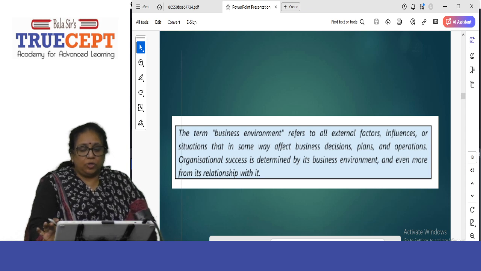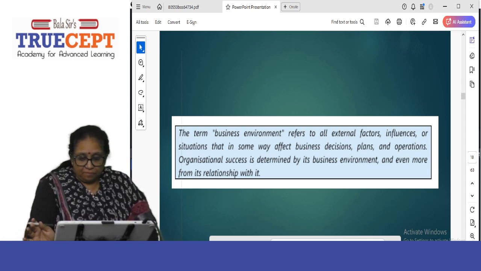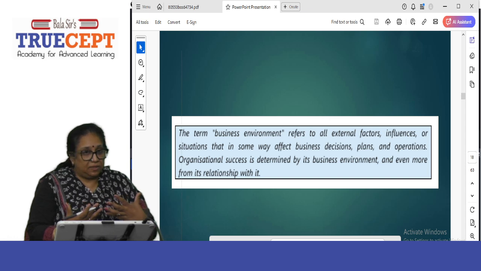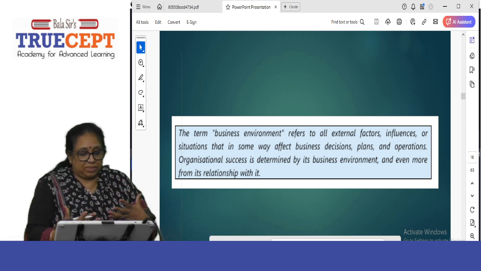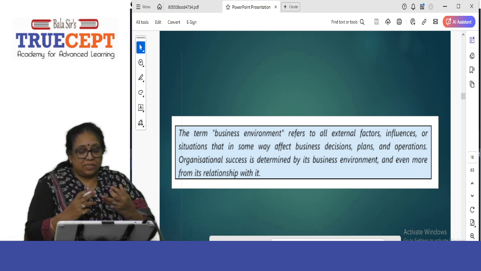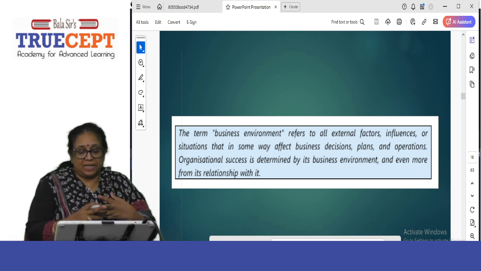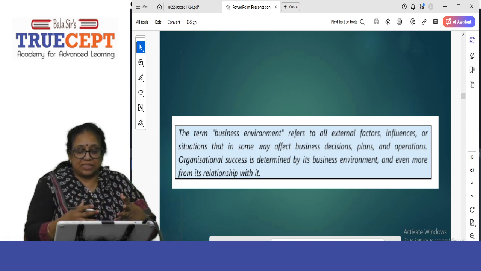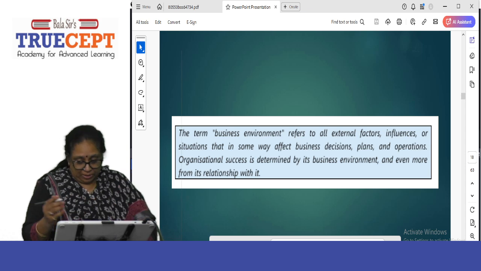The term business environment refers to all external factors. Just tell what is business environment first. External factors, the influences or situations that in some way affect business decisions, plans, and operations. Organizational success is determined by its business environment and even more from its relationship with it.